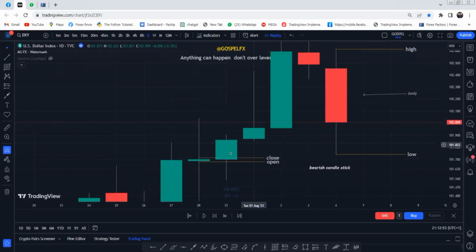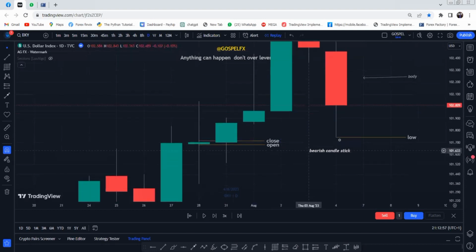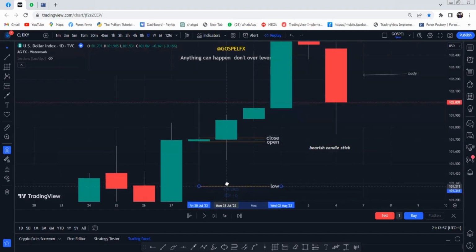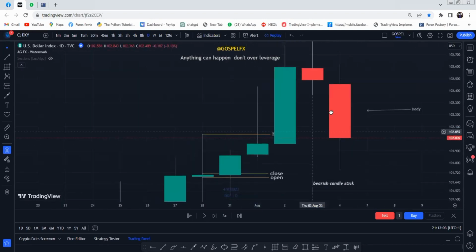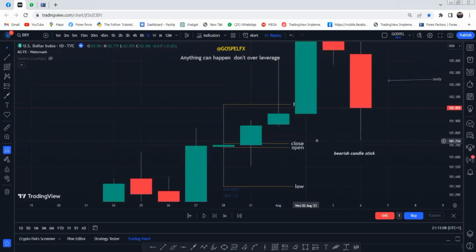The low remains the same down, and the high remains the same up. It's the same across the board. It opens down and closes slightly above the opening price.